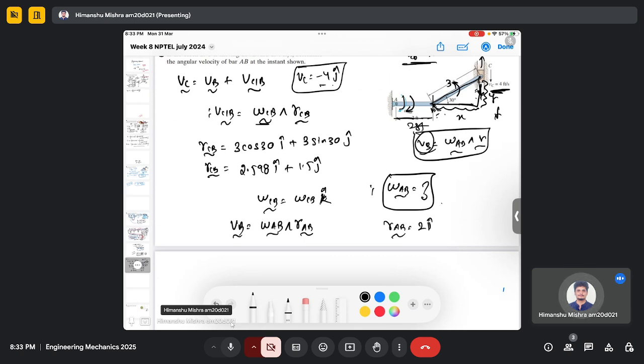Now you have all the vectors: VC, VB, and this vector also. So now you substitute all the vectors in this equation 1, let's say.